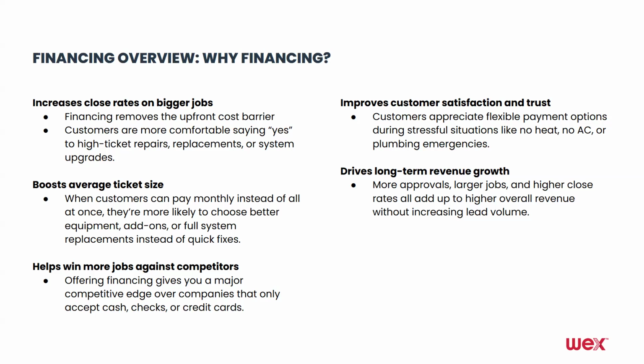There's no financing available, but with you, they're able to afford it. It also will just improve your customer satisfaction and trust and drives long-term revenue growth. Now, let's dive into WEX FSM to see how you would actually start this process from scratch.